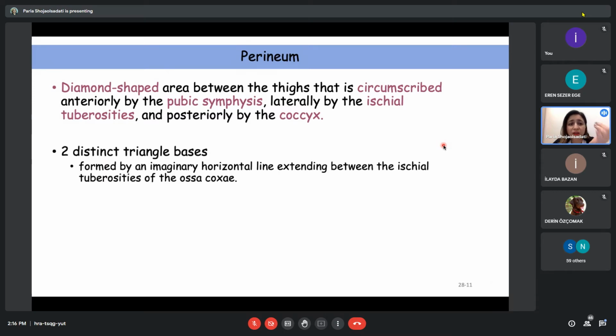We can divide this diamond-shaped area into two triangular shapes, two triangles that have their bases against each other.